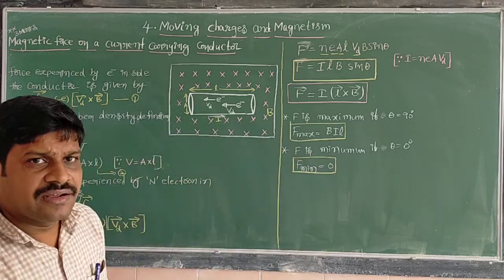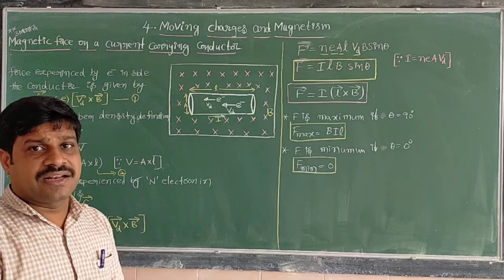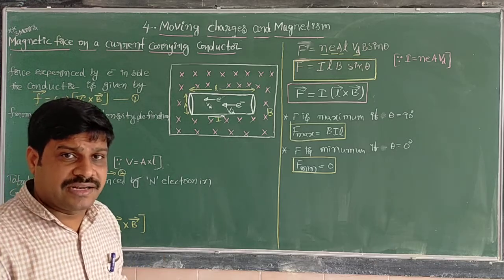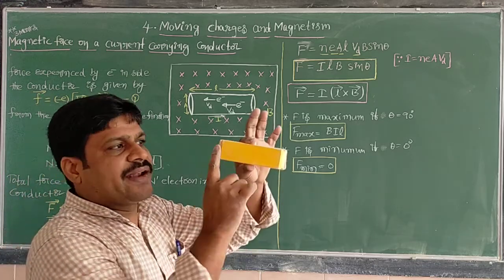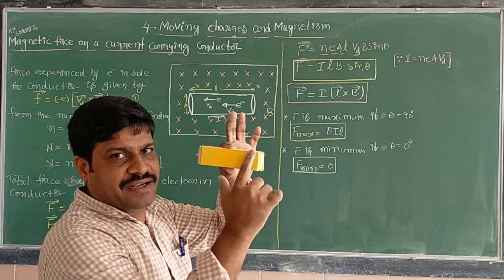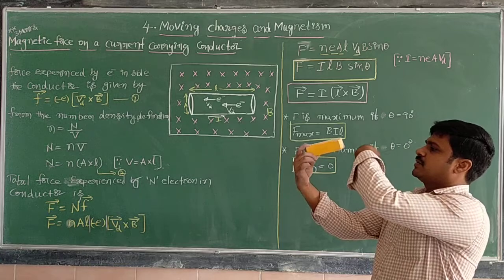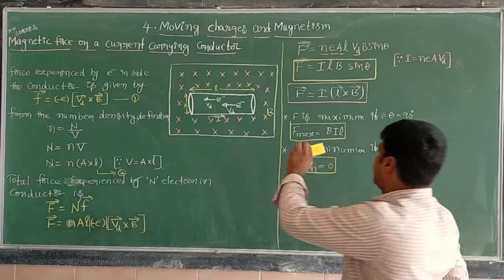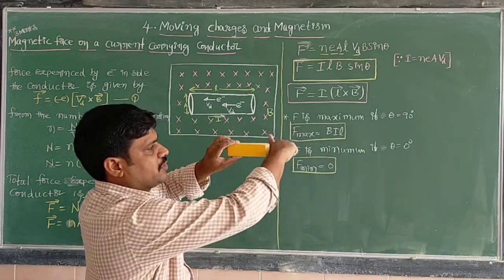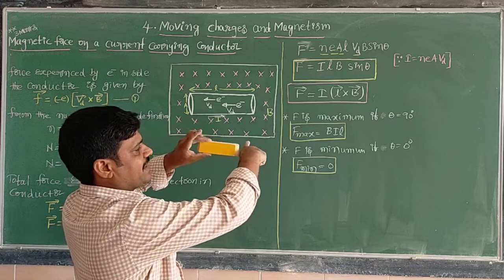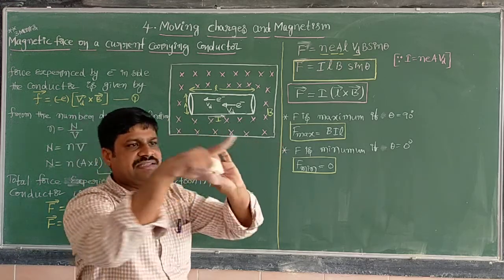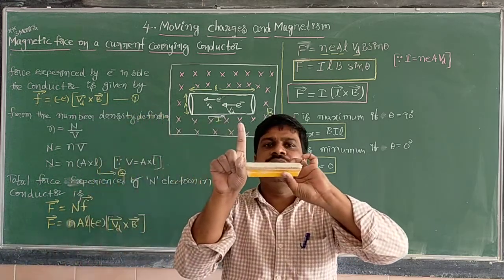Here, sir, how is the length of the conductor maximum, and how is it minimum? Take this one as the length of the conductor. Here, the magnetic field direction is inward to the board, and the length of the conductor is like this. In that case, what is the angle between these two? 90 degrees.